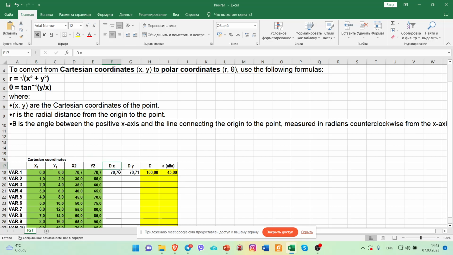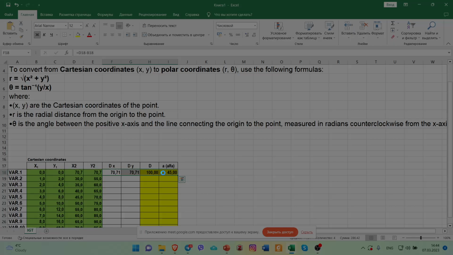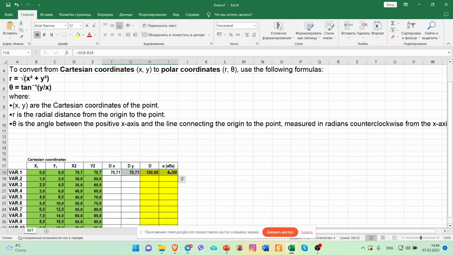And we should calculate the distance between points, D. Let it be r, radial distance.